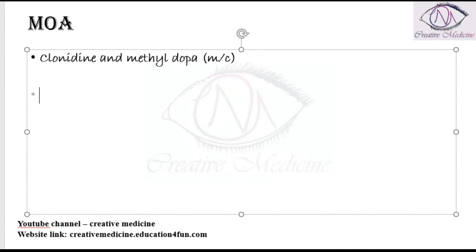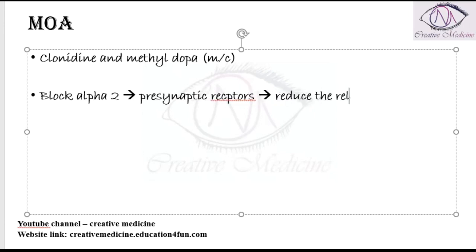The mechanism of action is that clonidine and methyldopa, or alpha 2 agonists, will act on the alpha 2 receptors, which are presynaptic receptors. Because they are presynaptic receptors, this will reduce the release of norepinephrine from the central neurons.